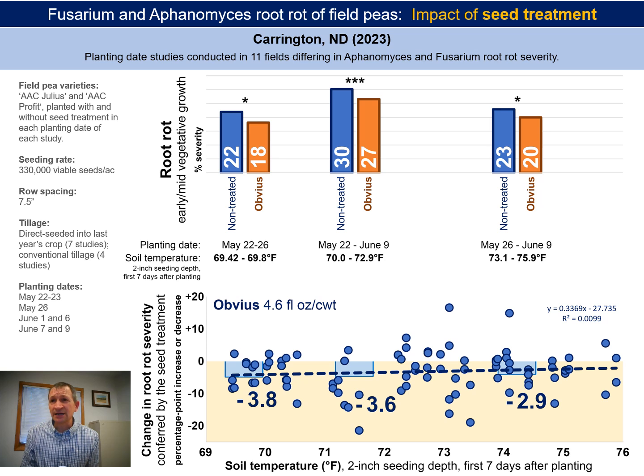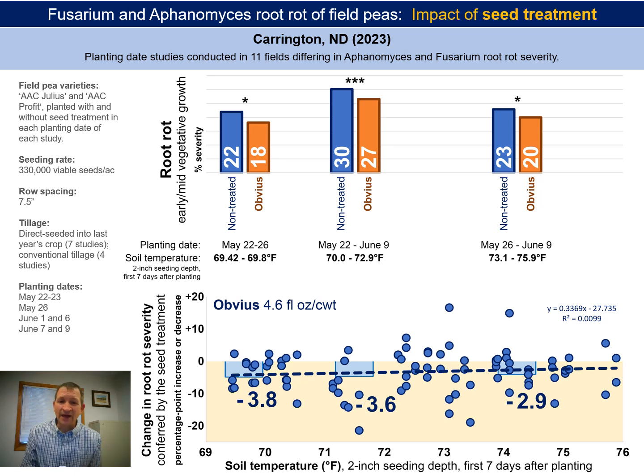We had daytime highs in the 90s to almost 100 degrees for several weeks in late May into early June. And again, we're planting direct seeded or conventional tillage. 7 of these studies were direct seeded, 4 were conventional tillage. Soils warm up quite quickly under those conditions, and it was really hot.